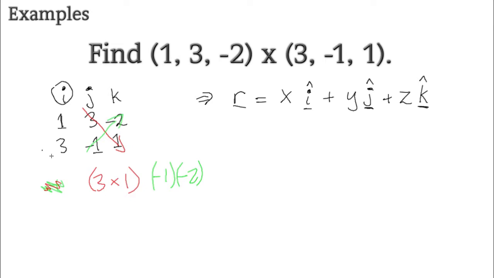And x is equal to this, the down take away up. So 3 times 1 take away -1 times -2. So that would give me 3 take 2, which gives me 1.